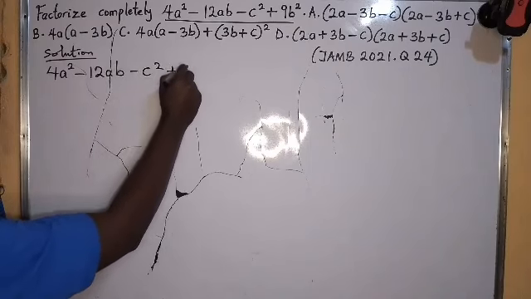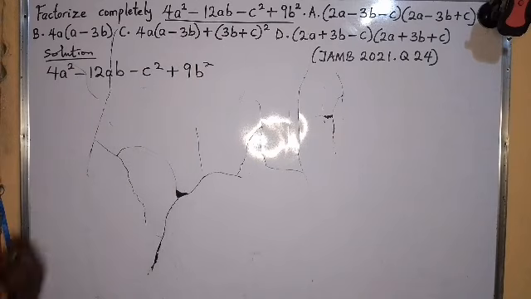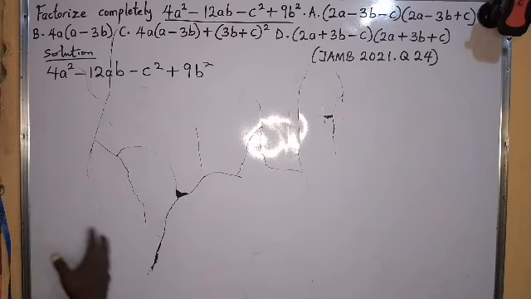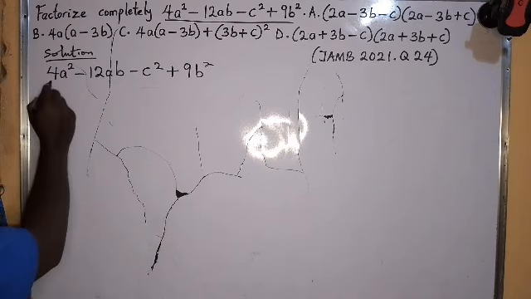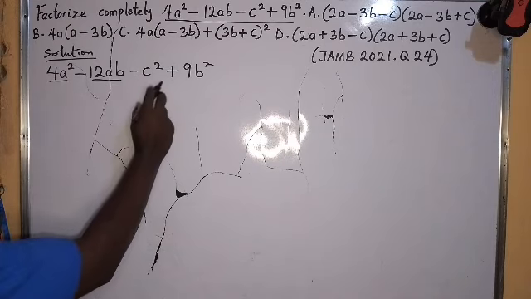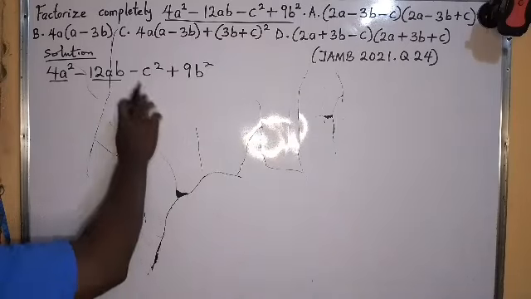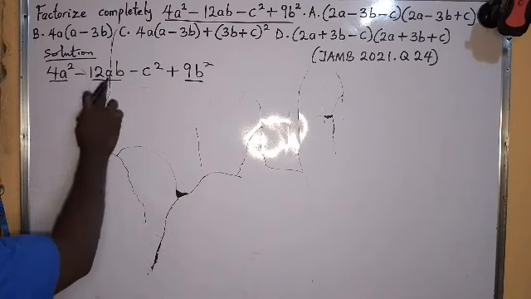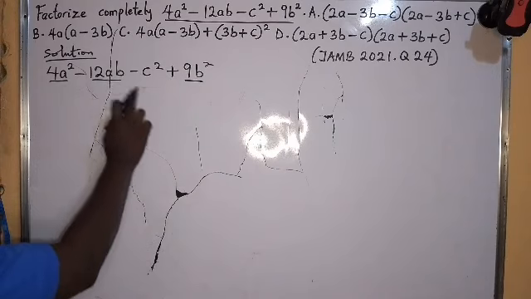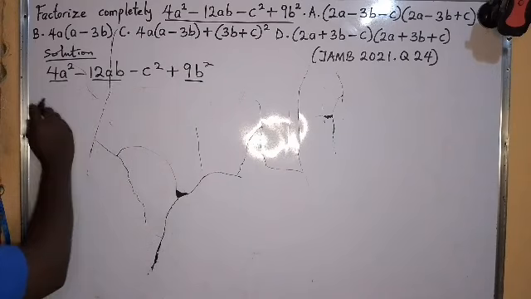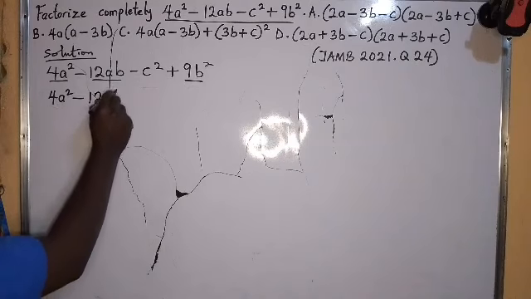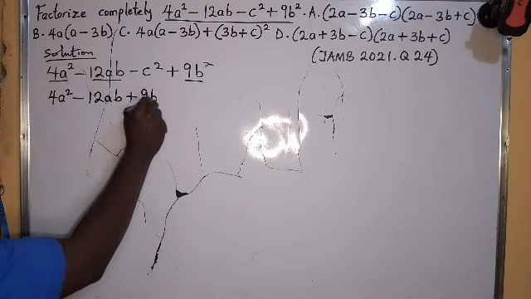Let's note the variables that we have there: a, b, and c. This term has a, this has ab, and this is c, an entirely different variable. So let's pick b, which is connected with 12ab, and add it to this. Let's do our rearrangement. We have 4a squared minus 12ab plus 9b squared.